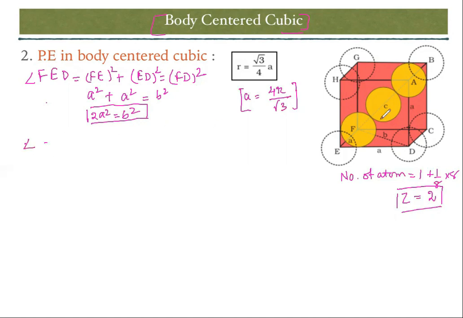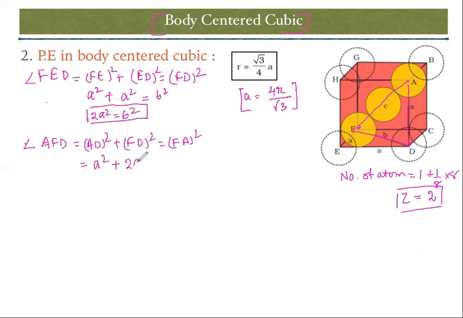Now coming to another right angle triangle, the triangle between A, F and D. Apply the right angle triangle formula: AD square plus FD square is equal to FA square. AD square I can write as A square, plus FD square, which is nothing but B square.